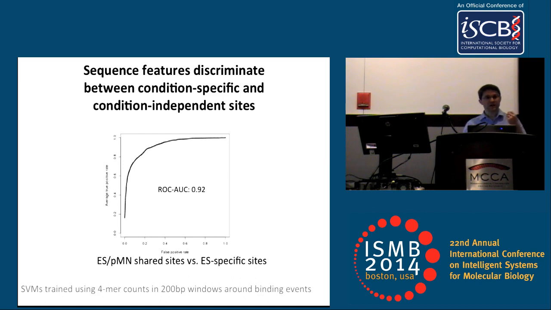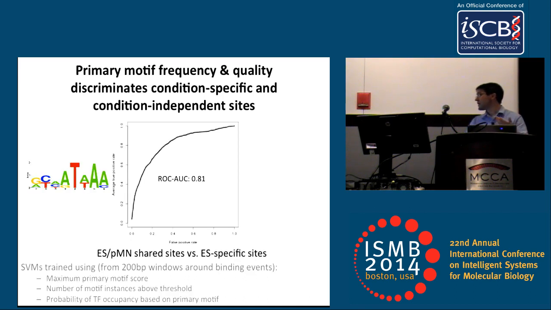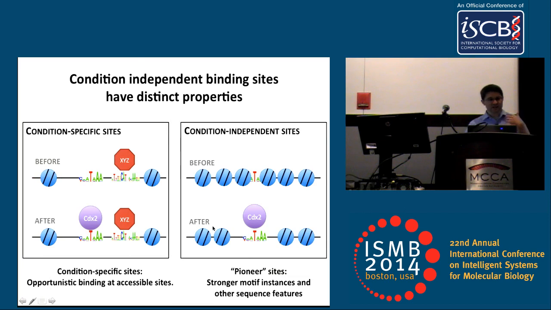If we just take the primary motif score, the number of motif instances, and the probability of occupancy itself, those three variables do an okay job of predicting those shared sites versus condition-specific sites. So we think that there are properties of condition-independent sites that are distinct from other sites.